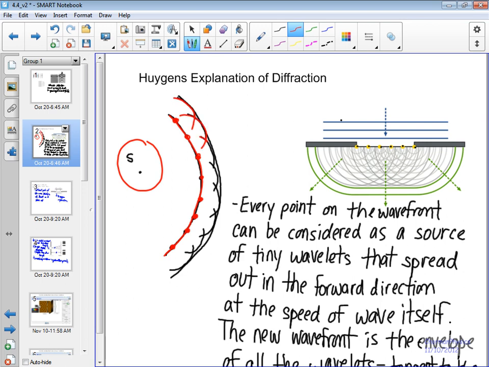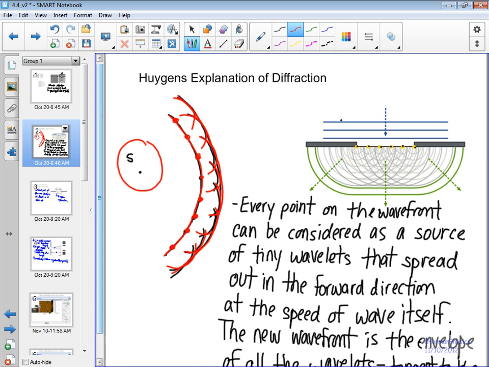And as all of these little circular wavefronts combine, they make one total wavefront up here. And so that's really how you can imagine a wave traveling out.